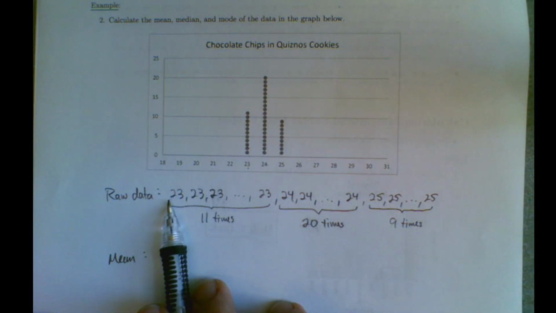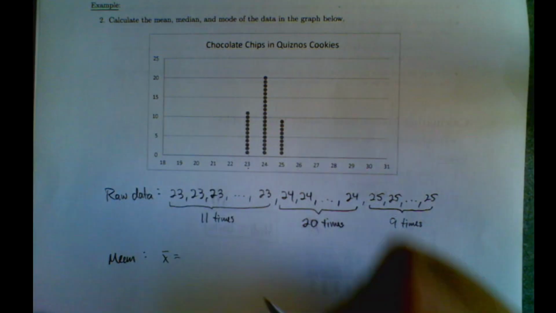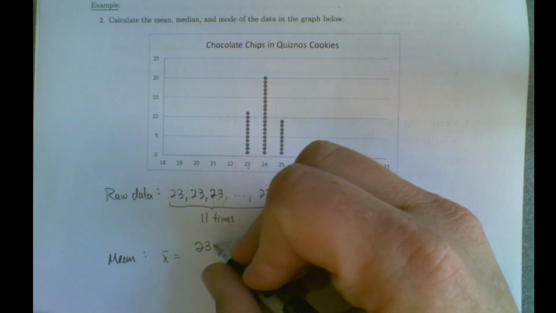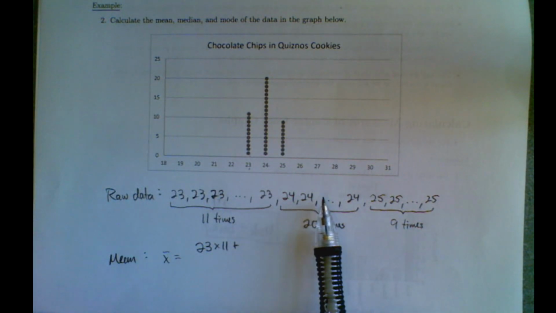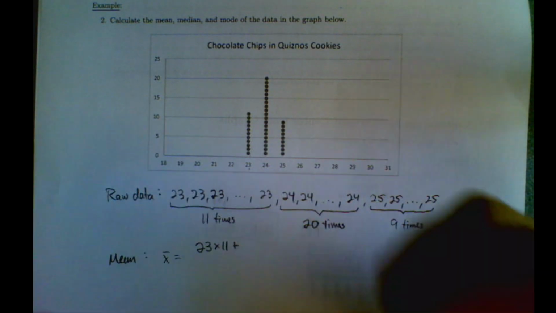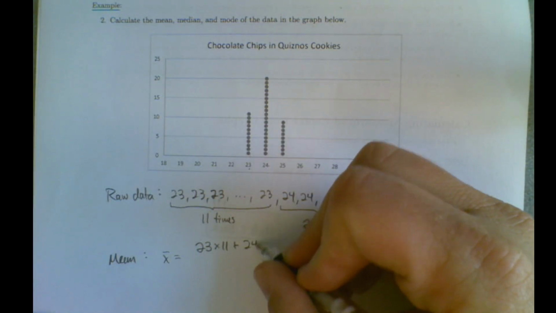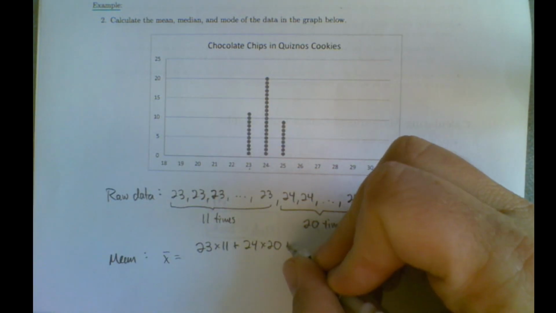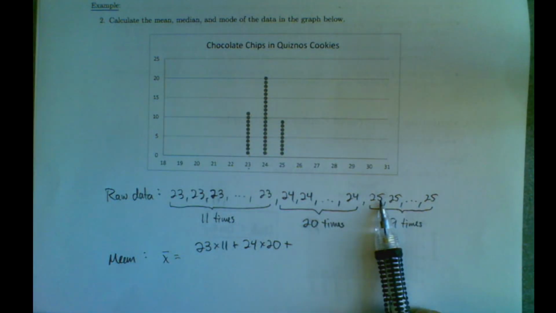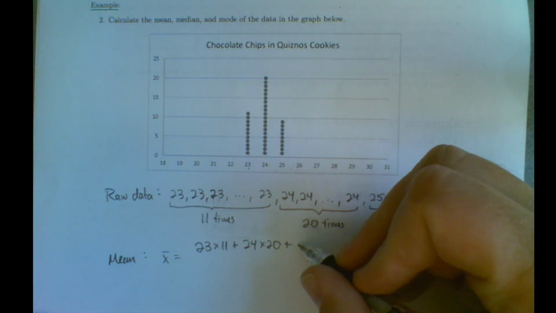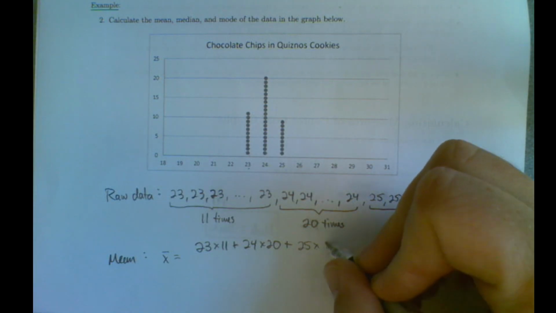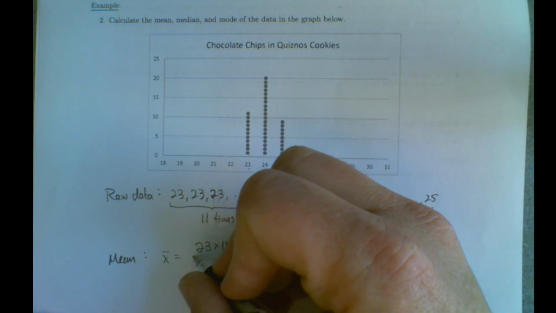So in other words, it would just be 23 times 11, plus 24 plus 24 plus 24, 20 times. So in other words, 24 times 20, plus 25 plus 25 plus 25, 9 times. So plus 25 times 9.